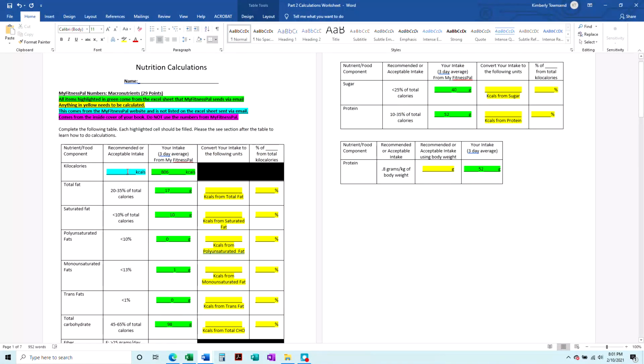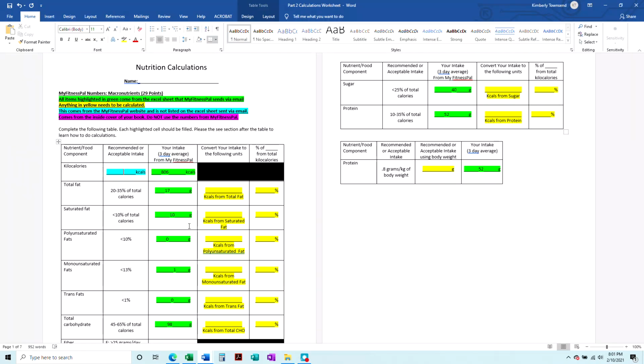So for this particular, on the kilocalories for the recommended amount, this is going to be whatever shows up on your MyFitnessPal. That's why we request you to maintain your weight as far as when you're putting in your numbers, etc., when you sign up for the account.